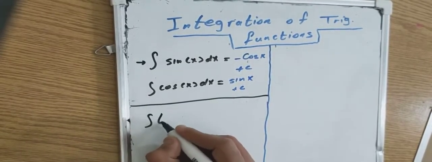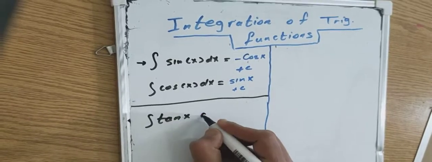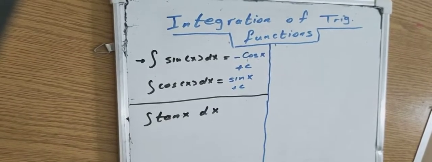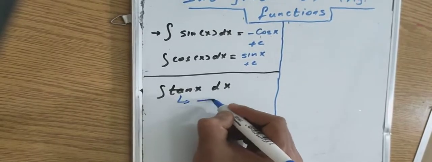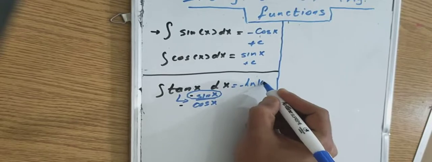The integration of tan x: we can write tan as sine x over cosine x, and of course sine x is the derivative of cosine but needs a negative, and the negative outside, so we can write the integration of tan x as negative ln cosine x.